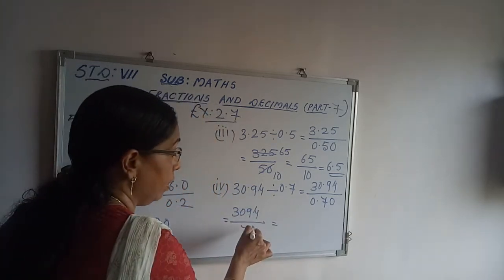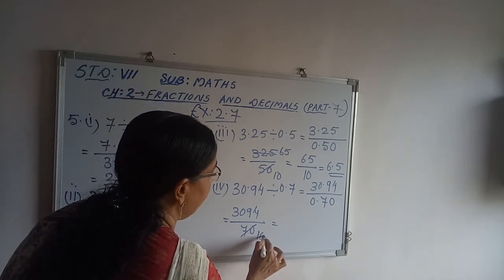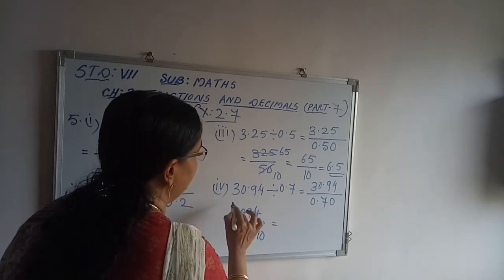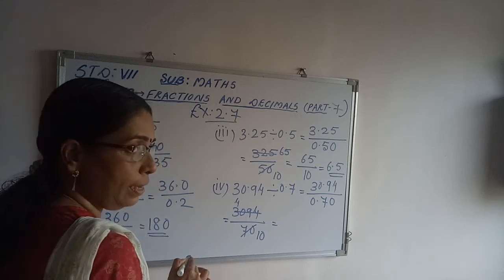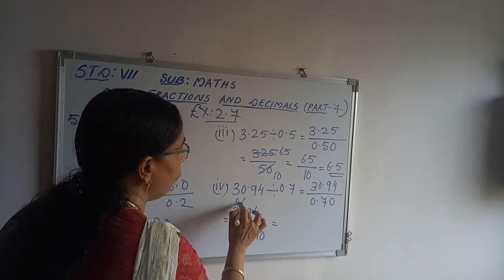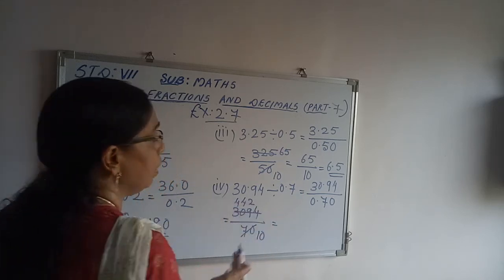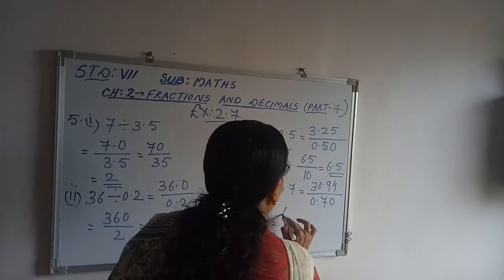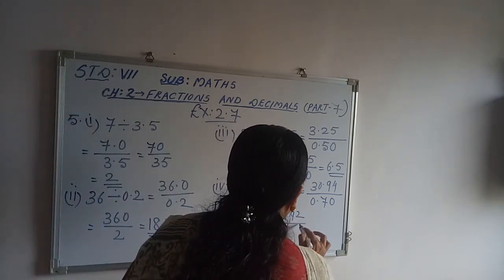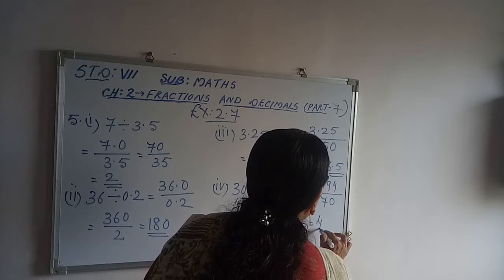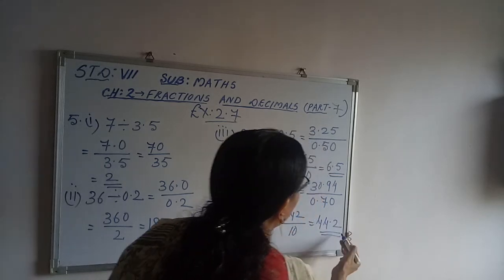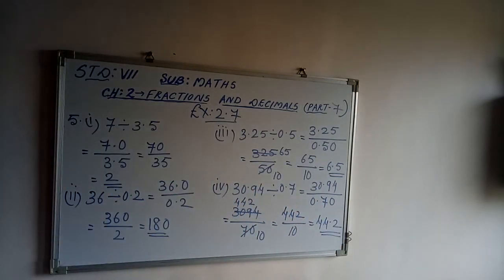Simplify by 7. 7 tens are 70. Here 7 fours are 28. Then 2 and 9 again is 29. 7 fours are 28. 1 and 442. We get 442 divided by 10, which will give you 44.2. 44.2 is the answer.